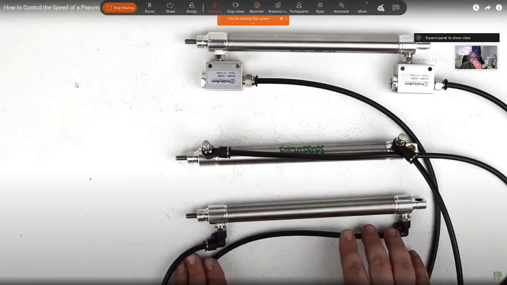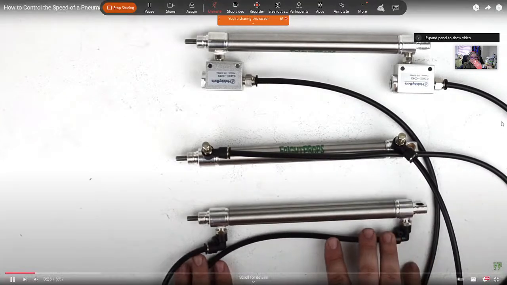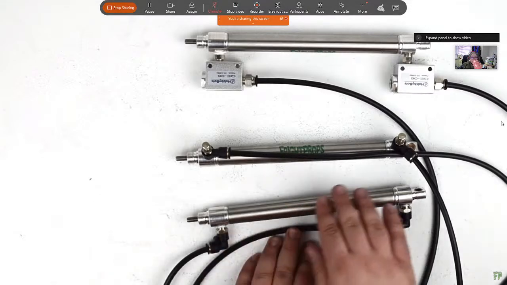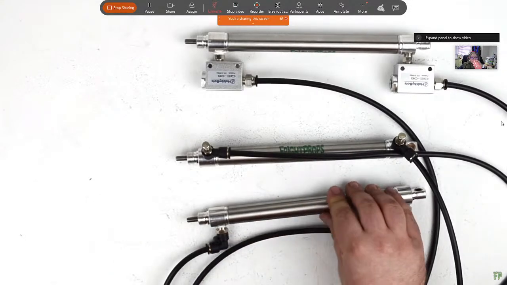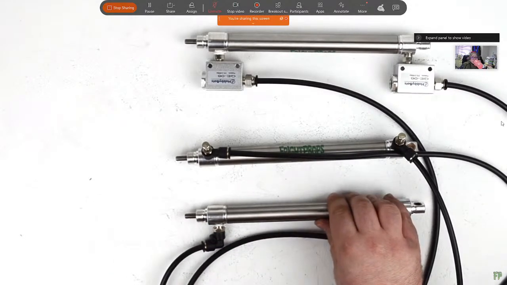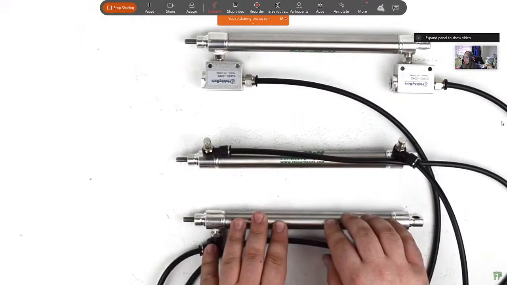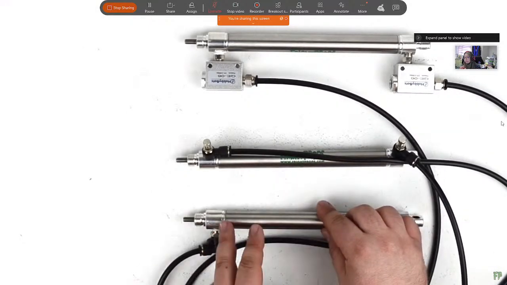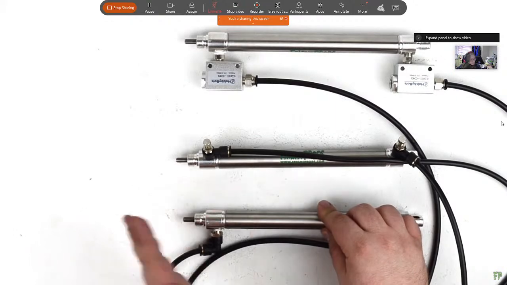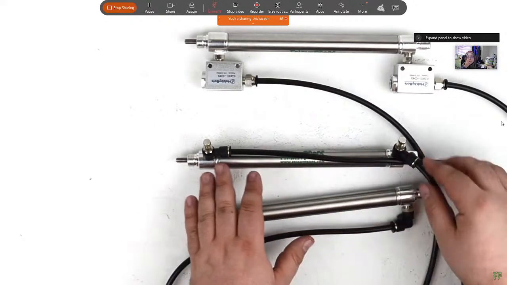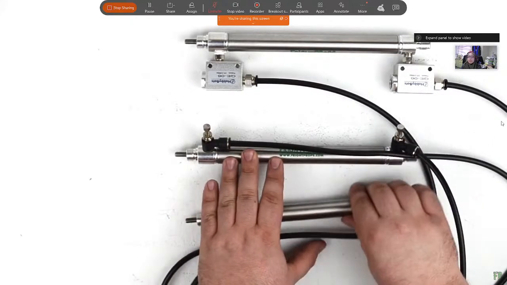So first up, we have a standard double-acting cylinder, and this is just the standard setup. You have the elbows going into the ports here, and if we activate it, you'll see it activates at basically a standard speed. Now let's say you wanted to slow that down. You wanted the cylinder to extend more slowly or retract more slowly. To do that, you would use flow control fittings, which we have installed on the second cylinder here.